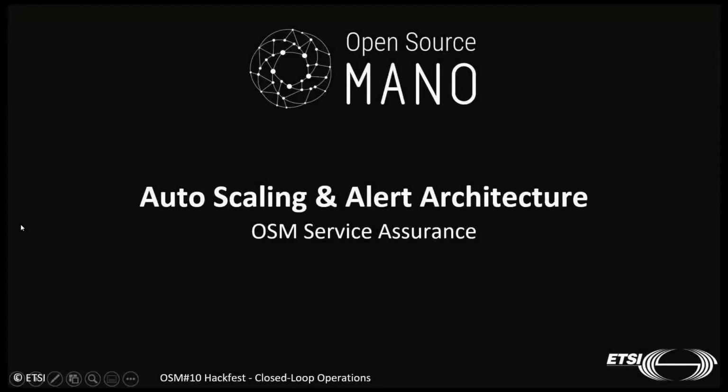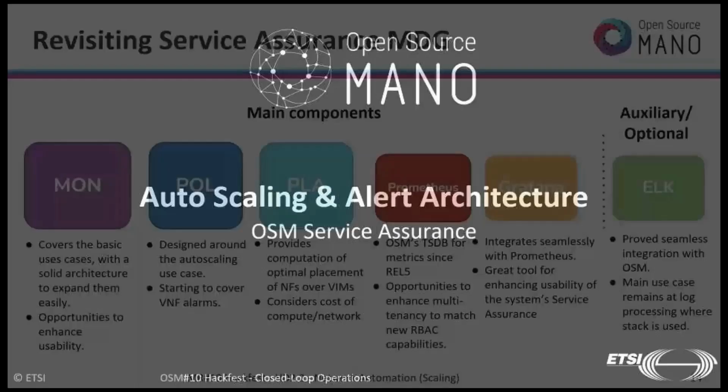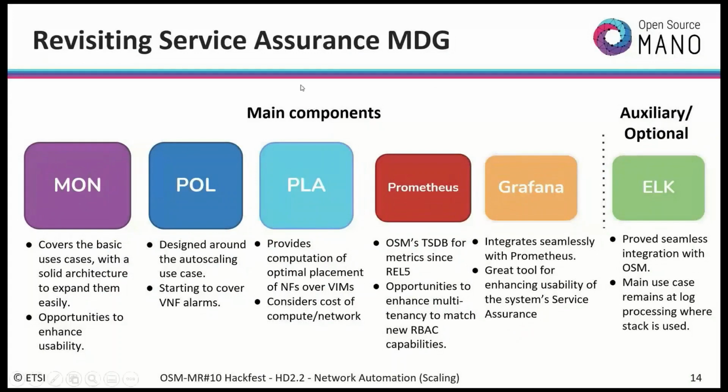Okay, so I will be specifically talking about the service assurance module, and here we'll be talking about the different components of the service assurance module, which is MON, the monitoring module, which primarily does the collection of all the metrics.